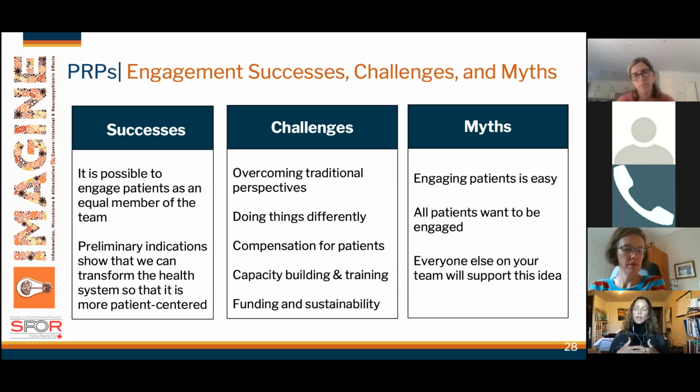So if we want more diversity and inclusivity, then compensation helps to remove that barrier. It also creates that equal partnership. If everyone else is being paid around the table and you're the only person that's not, then is that equality? So there's a lot of discussion around compensation.